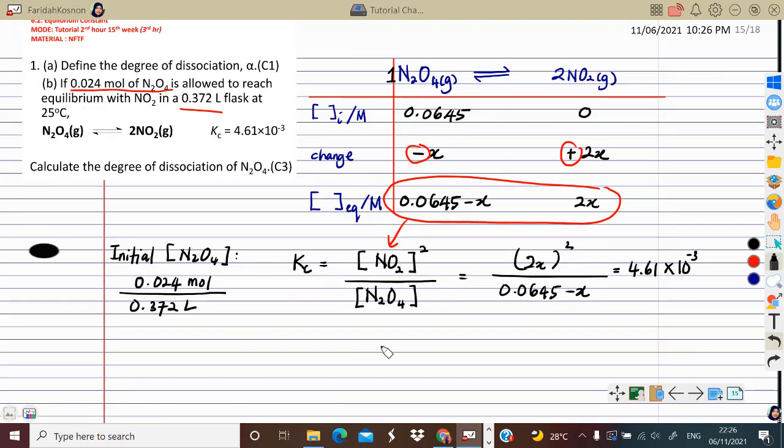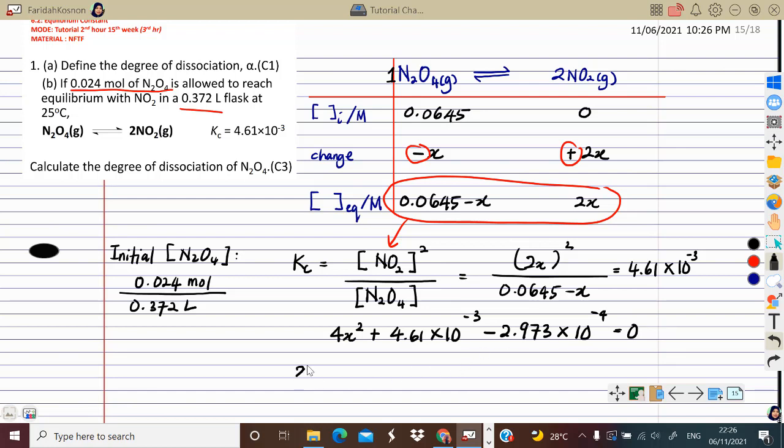Okay, jadi awak selesaikan untuk x. So kalau you kira kat sini, you akan dapat 4x squared plus 4.61 times 10 to the power of negative 3 minus 2.973 times 10 to the power of negative 4 equals to 0.